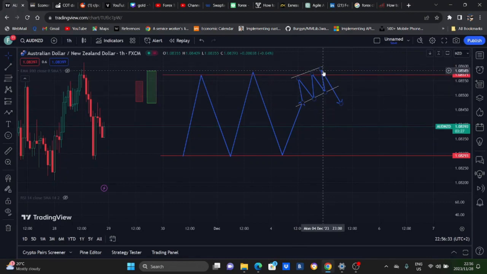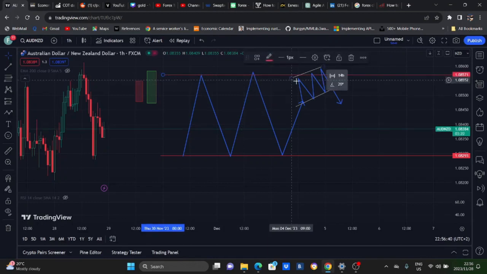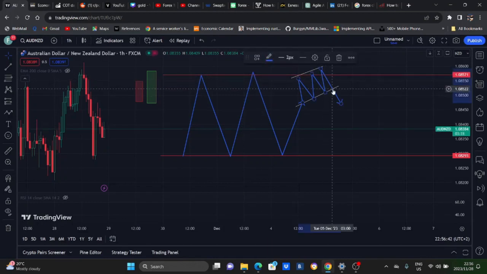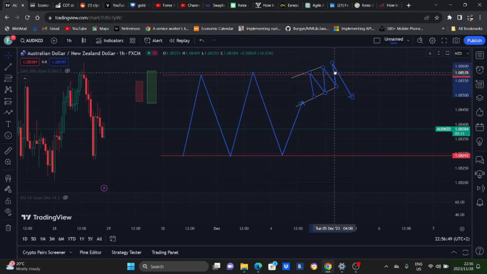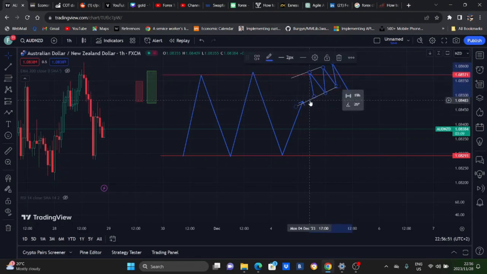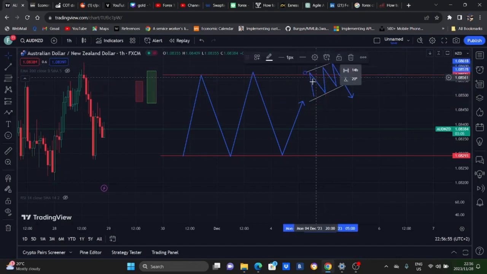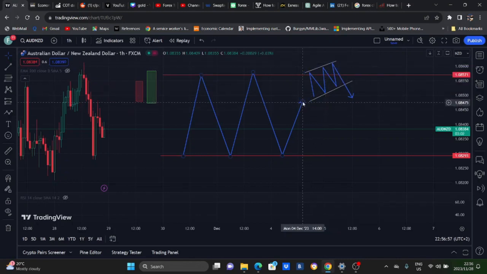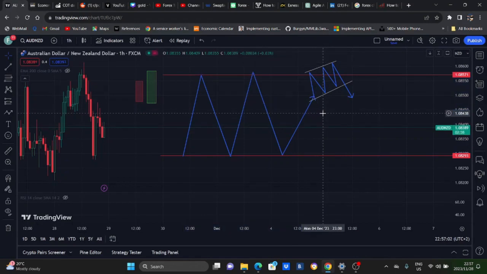And then most of the time, because most traders are looking at the resistance area, it will break resistance. It will do something like this. It will break the resistance area and then catch traders on the other side.